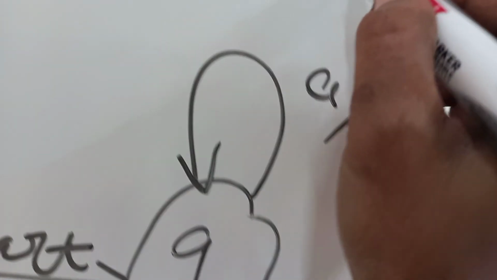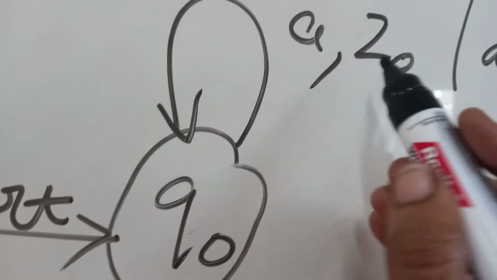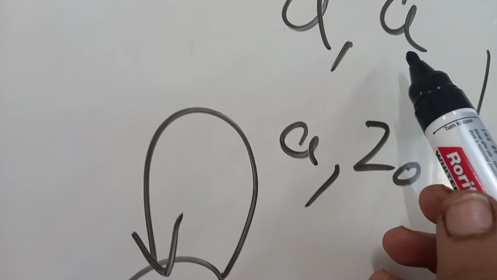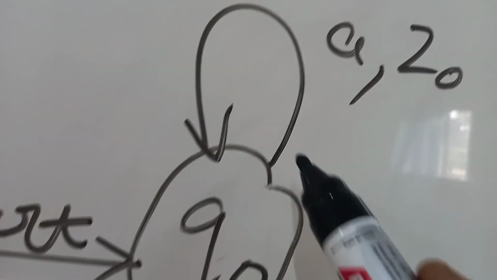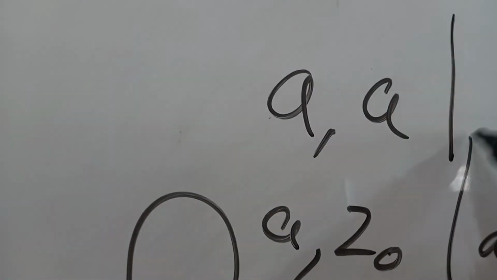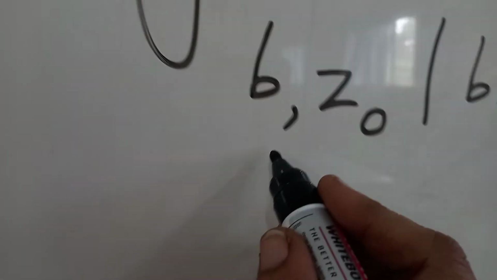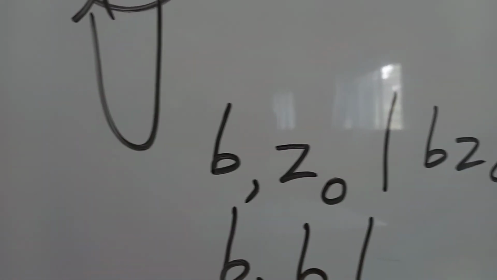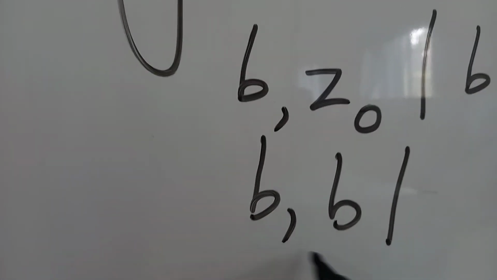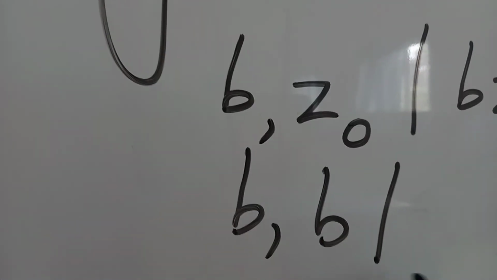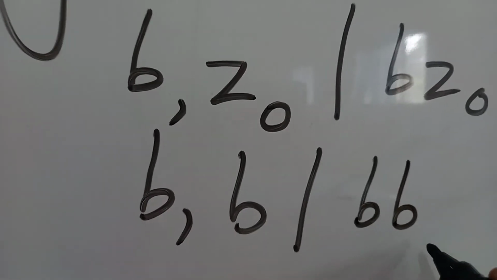This is for the first symbol. If next time we are pushing the same symbols more than one time, it is a self loop, so we need to push that symbol onto the top of the stack. Similarly for B also, same symbols, input symbol B and top of the stack B, we need to push that onto the top of the stack.